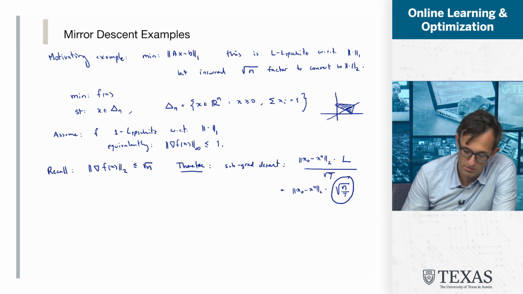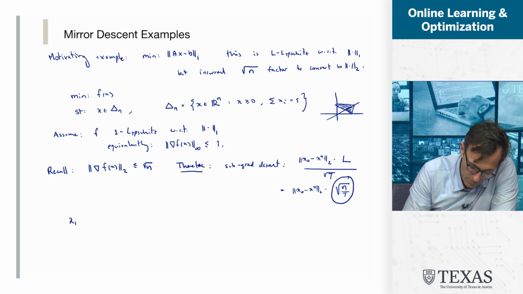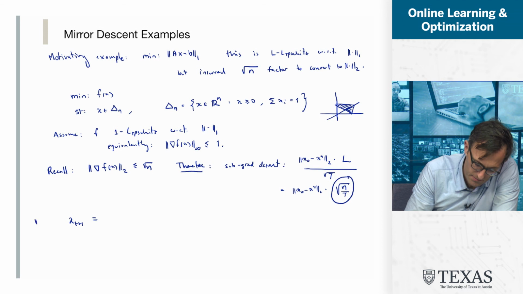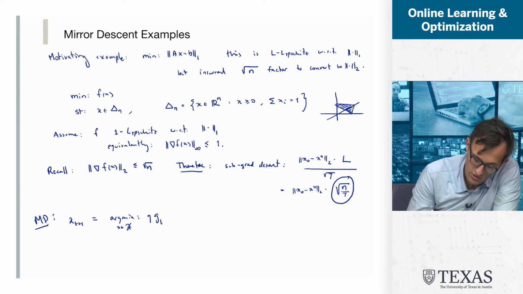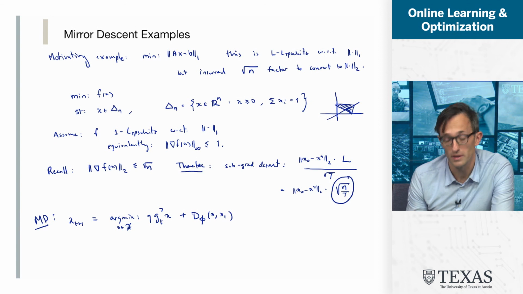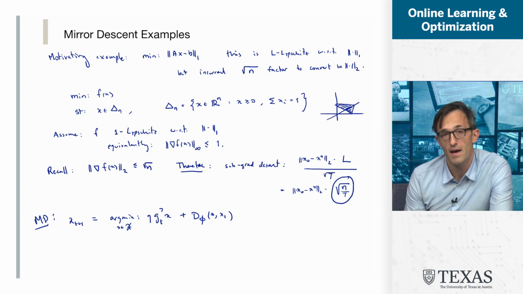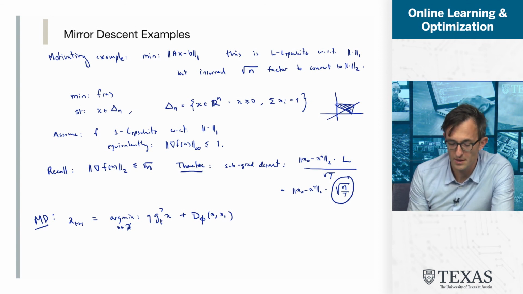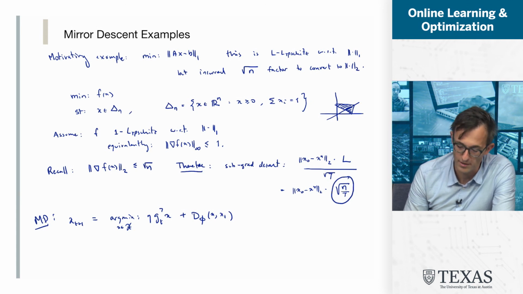One more time, writing down the mirror descent algorithm: x_{t+1} is the argmin over x in my constraint set of eta g_t transpose x plus the Bregman divergence D_phi(x, x_t). I need to use a phi that's non-Euclidean. If I use phi equal to half the Euclidean norm squared, then I get back exactly my subgradient descent algorithm.